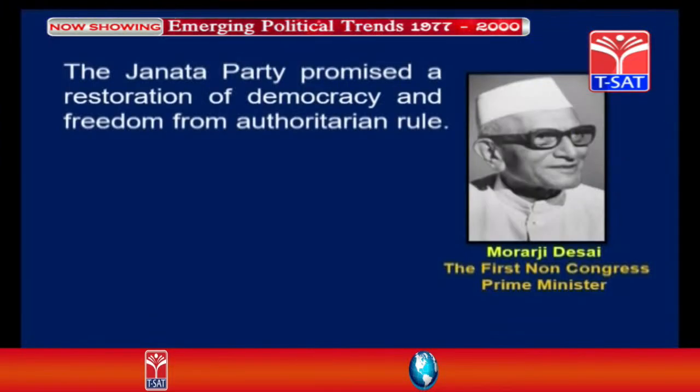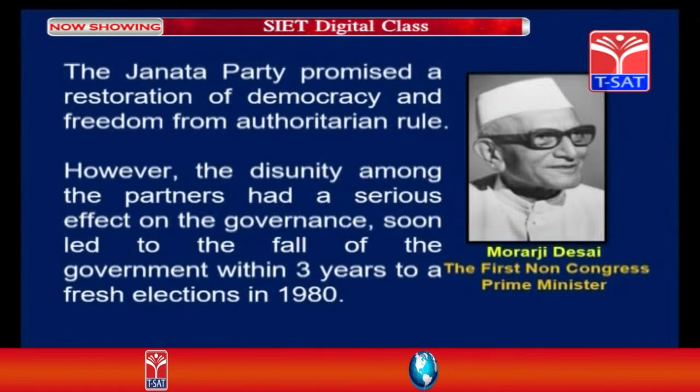And Morarji Desai was the first non-Congress Prime Minister of India. However, the disunity among the partners of this government had a serious effect on the governance and soon led to the fall of the government within 3 years, to fresh elections in 1980.